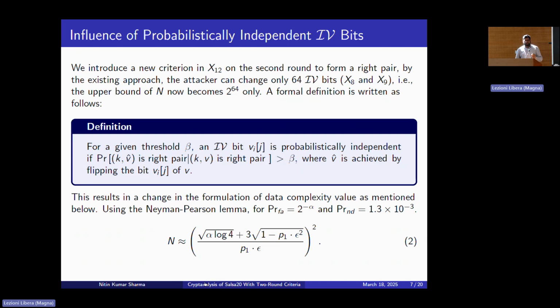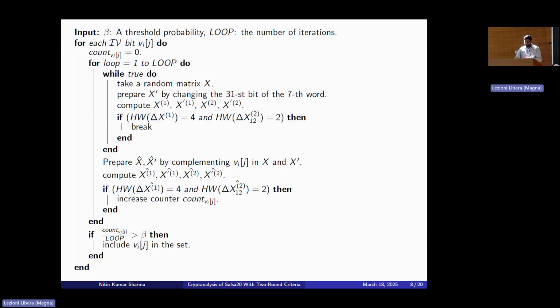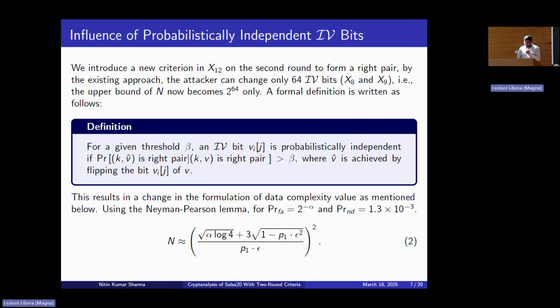So what we did to improve the value of n to its original value of 98, we select the IV bits, PNB independent IV bits, using this algorithm in such a sense that we select only those IV bits which satisfy this criteria, two round criteria. So in that sense, we kept the limit of n equal to 2 power 98. So this is also the work that we have done.